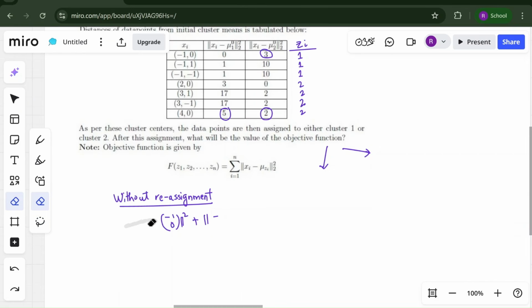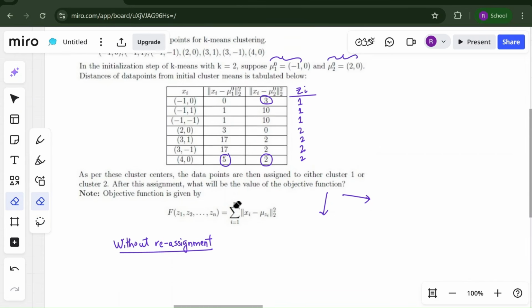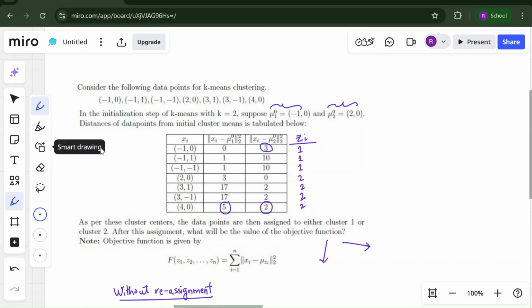That will be easier for you guys. So this is without reassignment, without recomputation of means, okay?